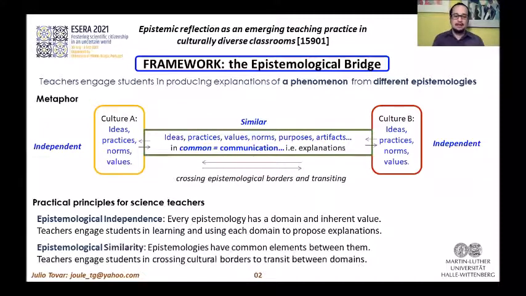And the second principle is the epistemological similarity. It states that epistemologies have common elements between them. With this, teachers engage students in crossing cultural borders to transit between domains. It means that previously the teachers have identified the common elements between the epistemologies.